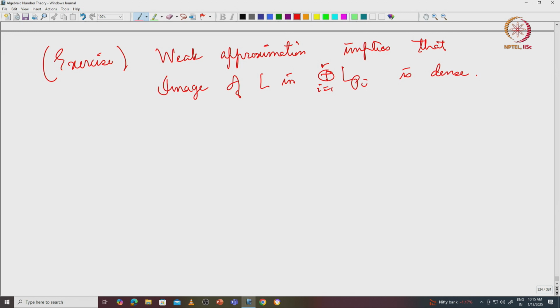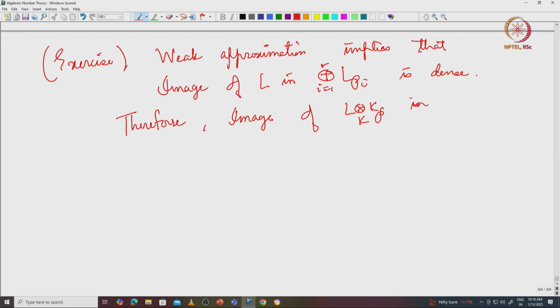Okay. Therefore, the image of L tensored K_p. So, this is a map of vector spaces, right, and if the image of a linear map is dense for finite dimensional vector spaces, it has to be the whole thing.